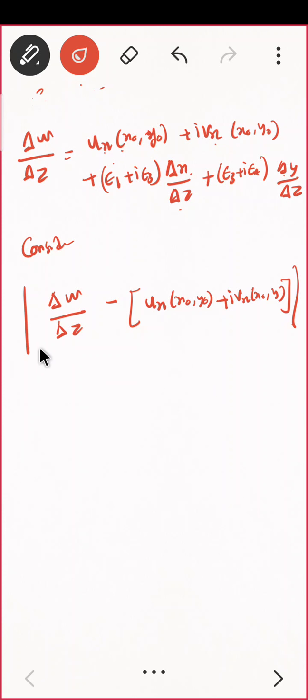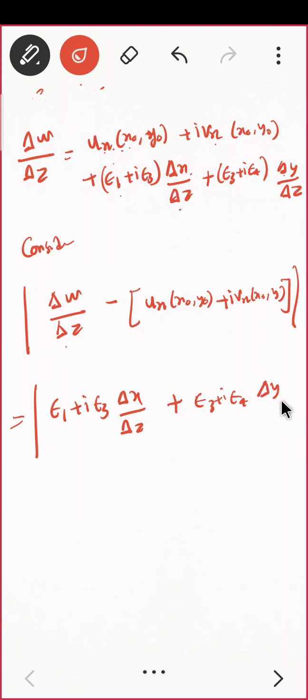So how will you do? So this is my consideration part. I want to prove this part. If you want to prove this, then you should start with consider this, correct. Now let us put. If you put, then these two will get subtracted, they will get cancelled, and you will be having epsilon 1 plus I epsilon 3 delta x upon delta z plus epsilon 3 plus I epsilon 4 delta y upon delta z. Now the main condition is to prove this part is less than a single epsilon. That means you want to make it a real number.